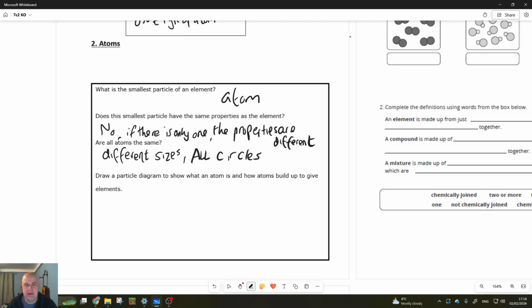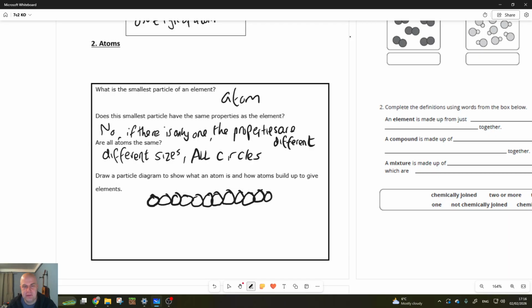Now, draw a particle diagram to show what an atom is and how atoms build up to give elements. Essentially, your atoms are these circles. These should all be the same size, but with this pen it's very difficult to draw. As long as they're roughly the same size, you're all good.